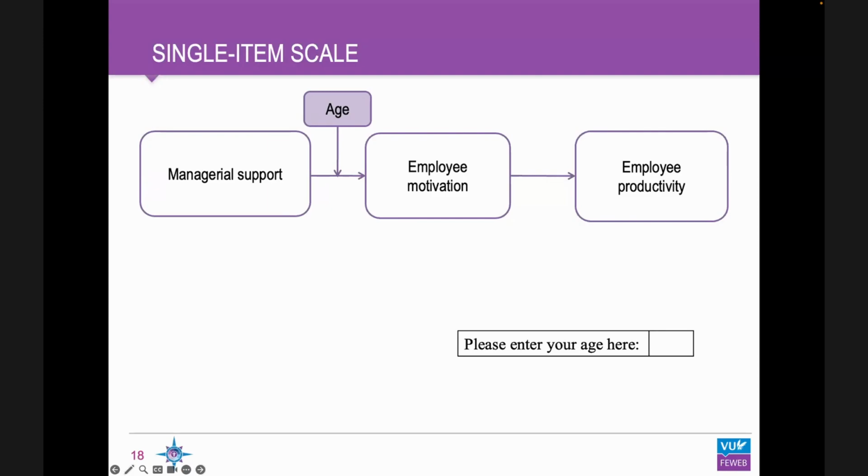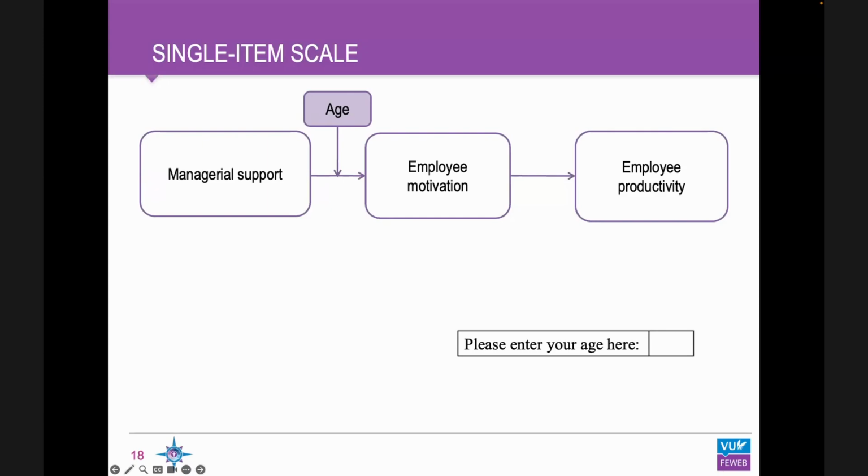So there are two types of multi-item scales. One is the reflective scale. If all items are the manifestations of the same construct, you basically ask the same question in different ways, and the items are close in meaning to each other. If it's this way, you would expect that the people with the underlying construct will answer the same way.